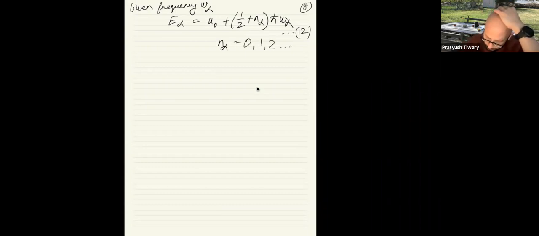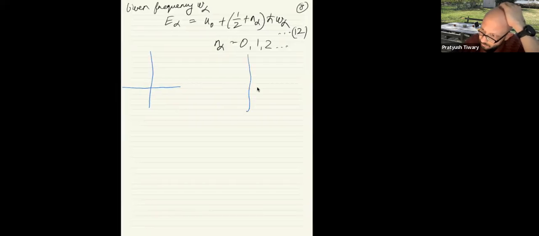Physically or geometrically, what it means is, actually, I will just draw one curve and I will draw straight lines.